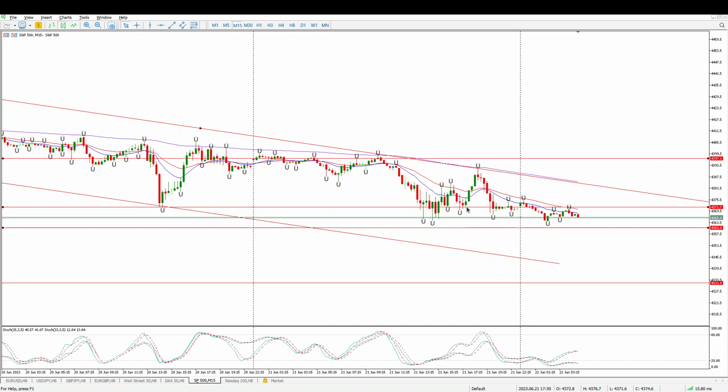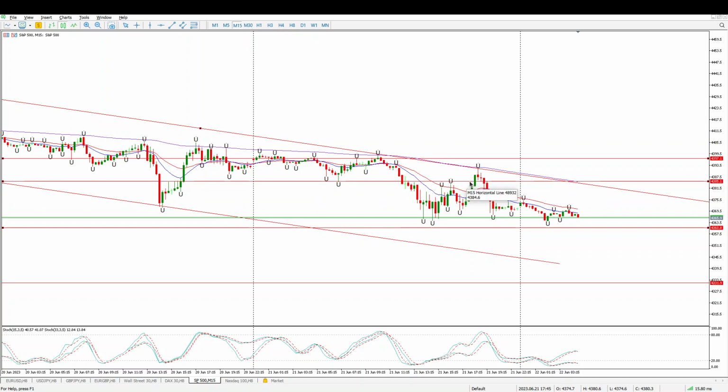So let's just look for something else. That would be something of interest right there. If we get a pullback to 43.84, that is definitely of interest for a rejection. You'd be looking for some kind of a pin bar.